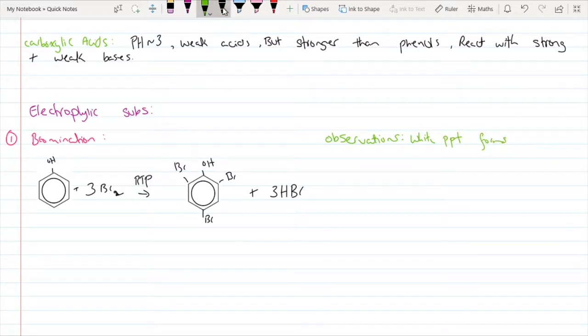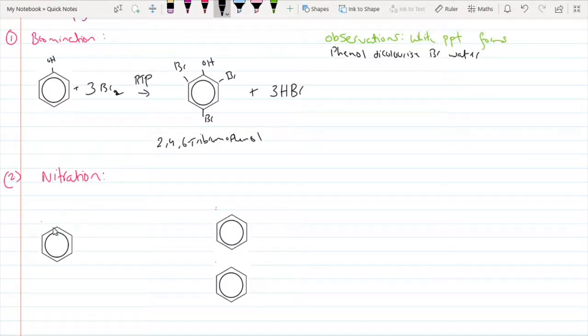If we just name this compound, it would be 2,4,6-tribromophenol. Our 2,4,6-tribromophenol would form a white precipitate as it is a solid. As you know, bromine is an orange and brownish liquid. So at the end, the phenol decolorizes the bromine water, and these are the observations that you'll see.